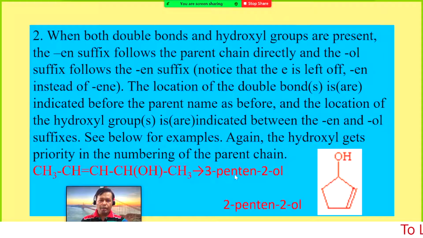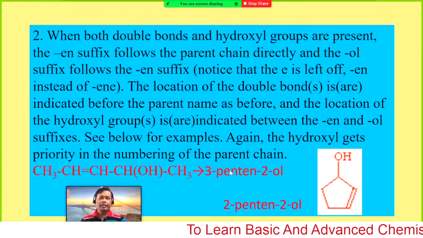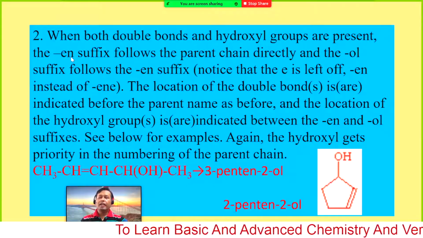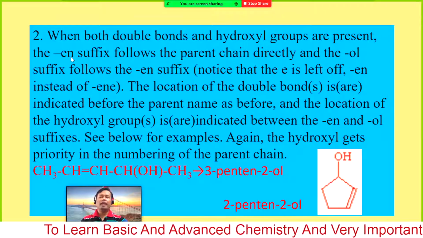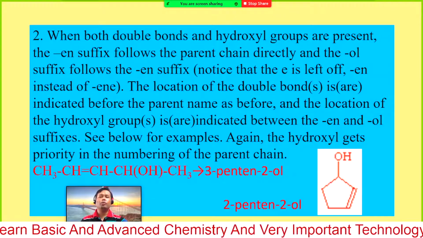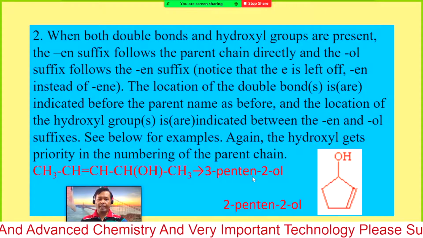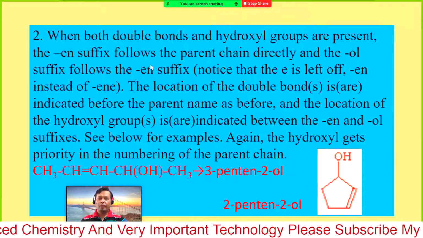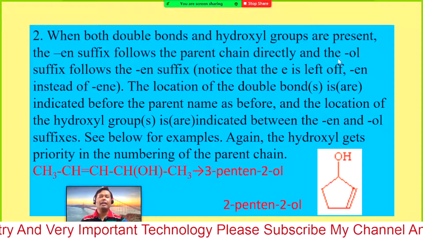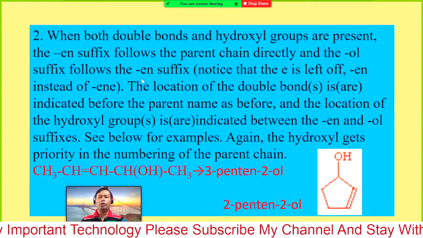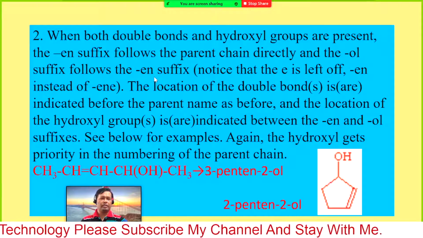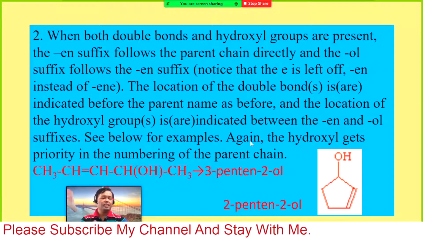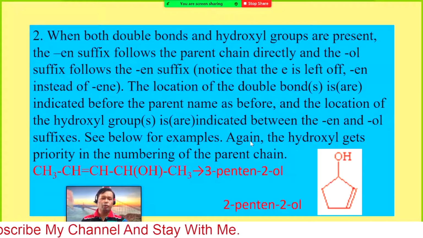So this is our parent, pentane, a 5 carbon compound, and for the ene we do not keep the e at the end, so we use only up to n, en. The en suffix follows the parent chain directly and the ol suffix follows the en suffix, as in propan-2-ol.